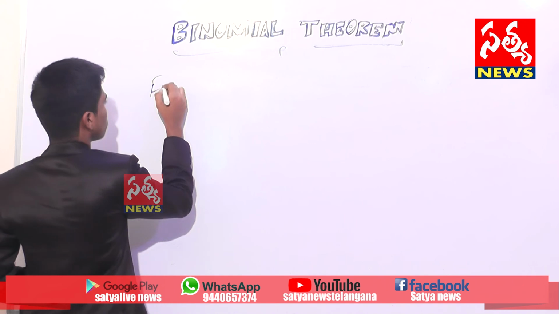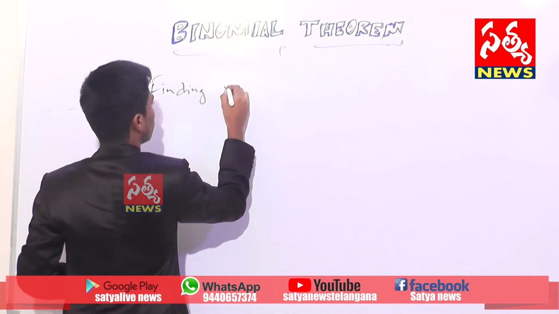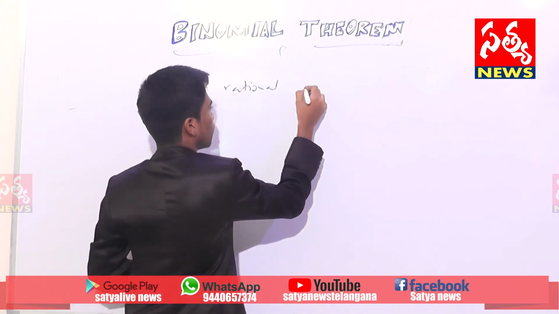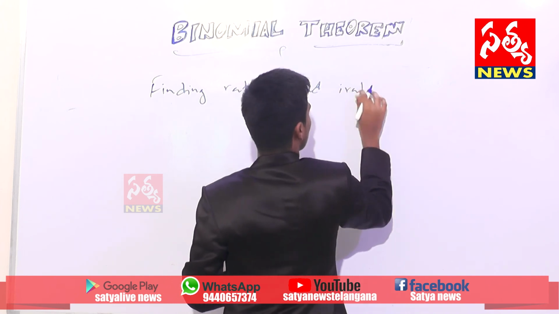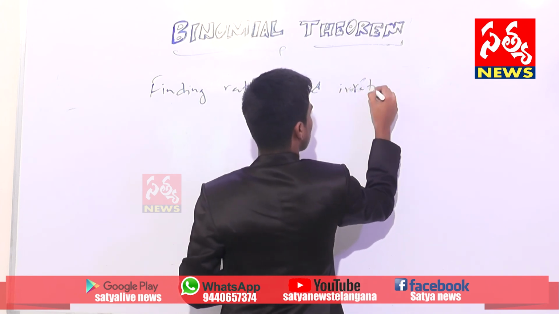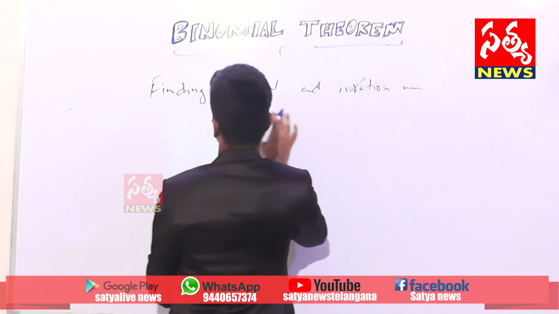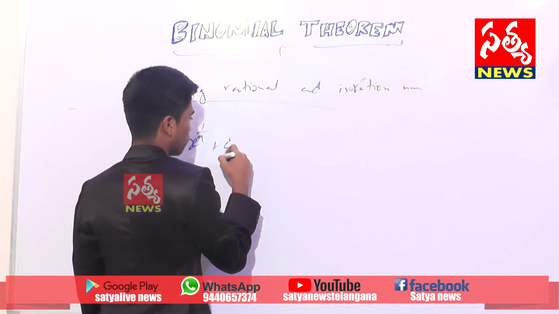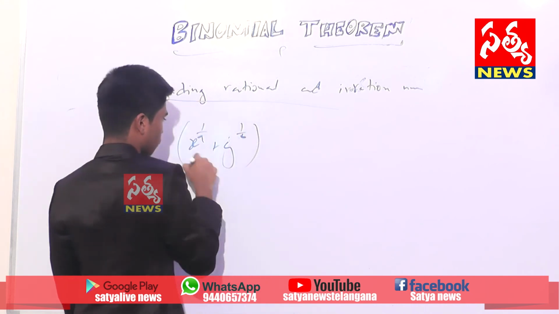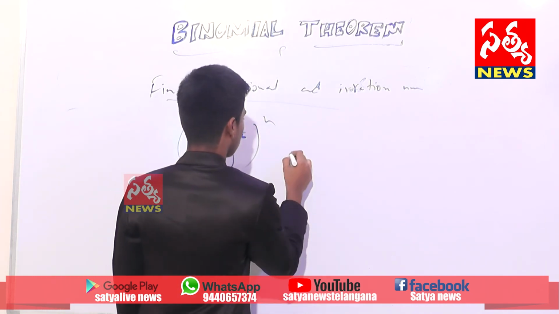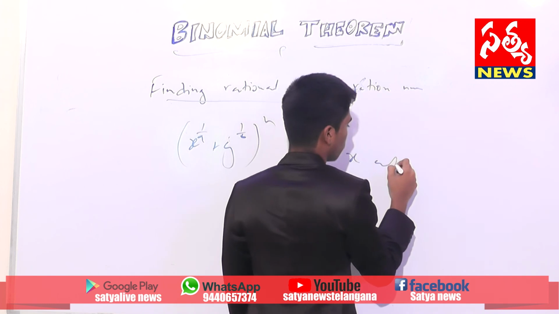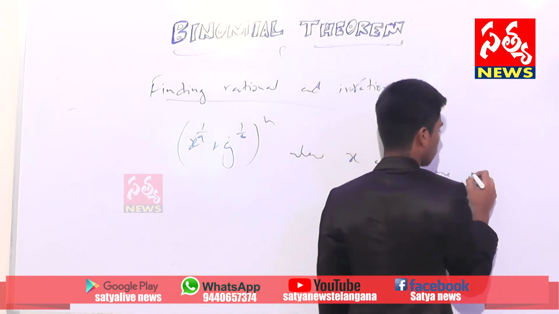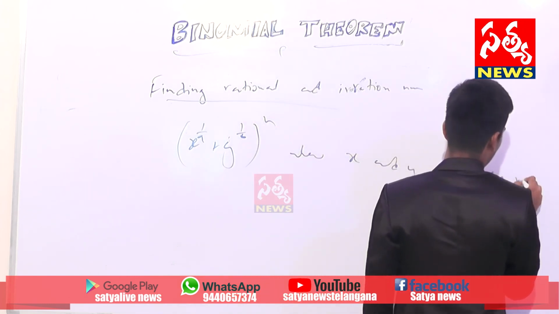Next, finding rational and irrational numbers. x power 1 by a plus y power 1 by b whole power n, where x and y are prime numbers.